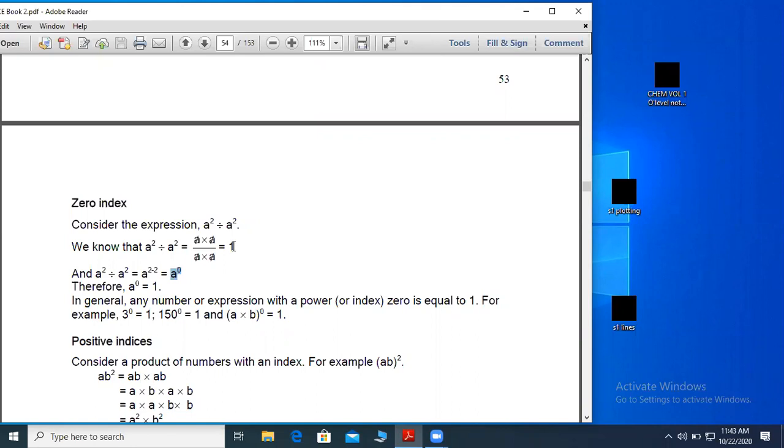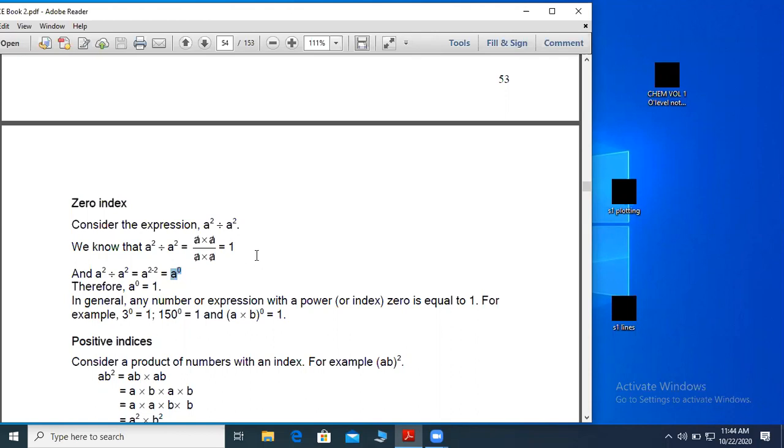So as we already know from our knowledge of primary, we are confirming that a to the power 0 is the same as 1. A to the power 0, the answer is 1.